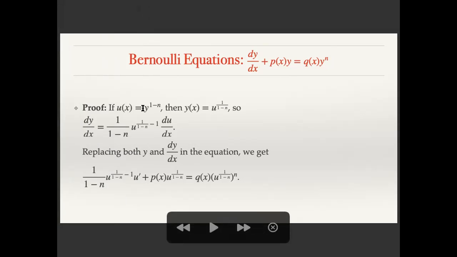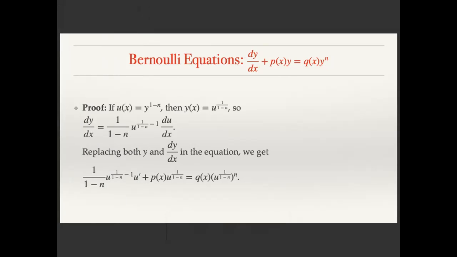So if u is equal to y to some power, then y is equal to u to 1 over that power. Like if u is equal to y squared, then y is equal to u to the power 1/2. But this is not completely true, as you can imagine, for even powers. So even powers are a bit more special in that regard. So if u is equal to y squared, then y is equal to plus or minus square root of u. And the same is true for all even powers.